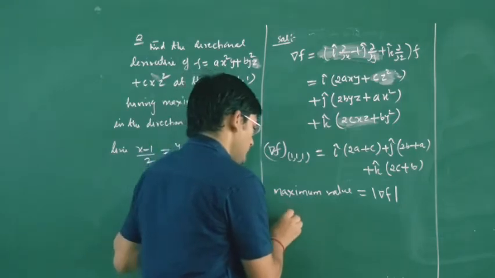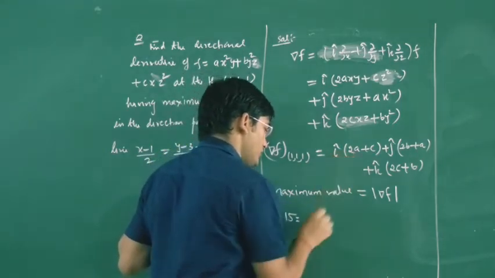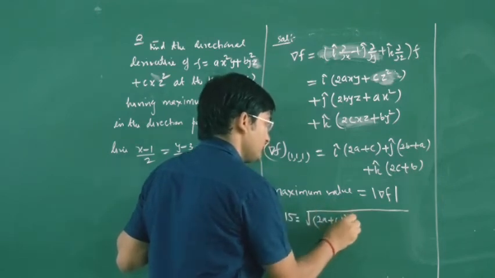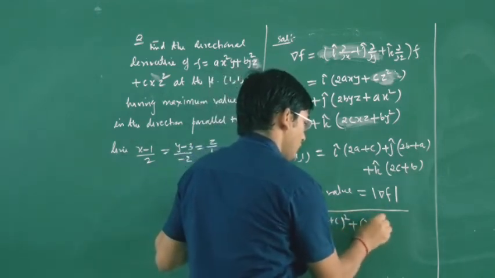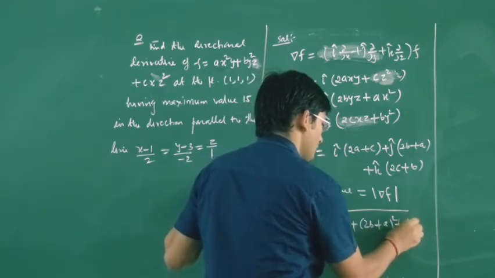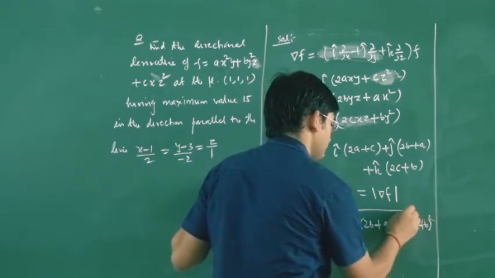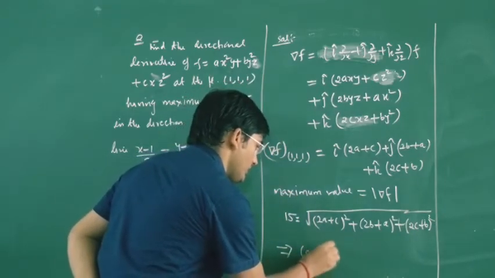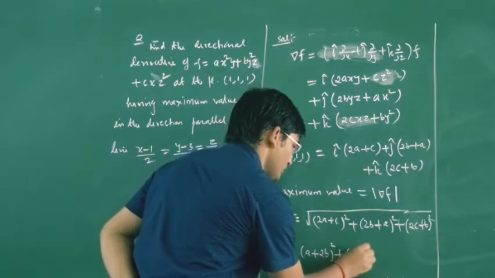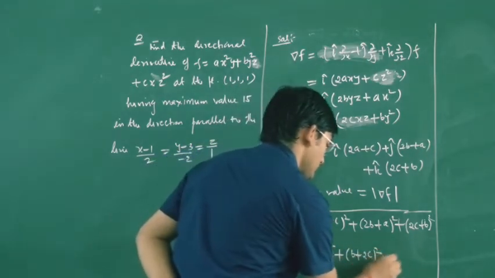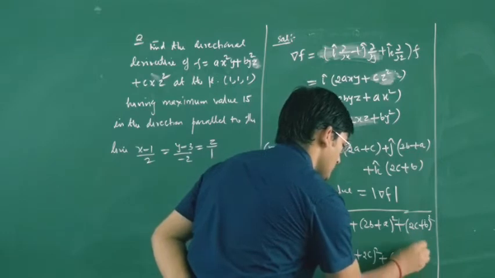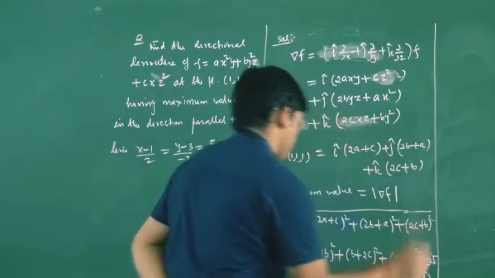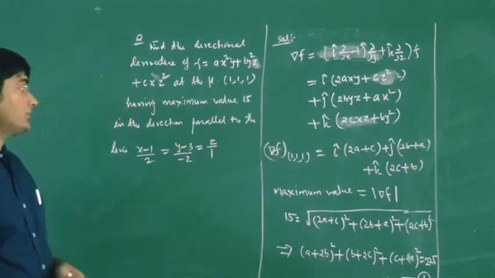So 15 equals the modulus of this, which will be (2a + c) whole square + (2b + a) whole square + (2c + b) whole square, which is equal to 225. So this is equation number 1. So we have this equation.